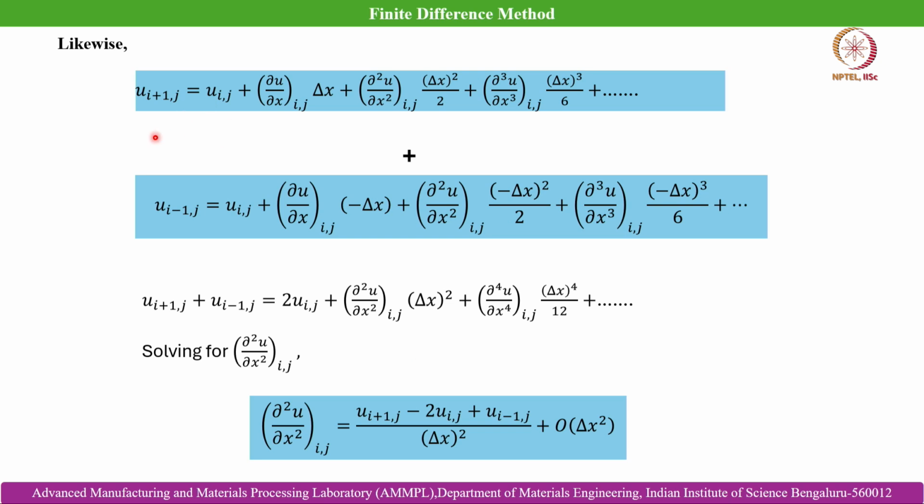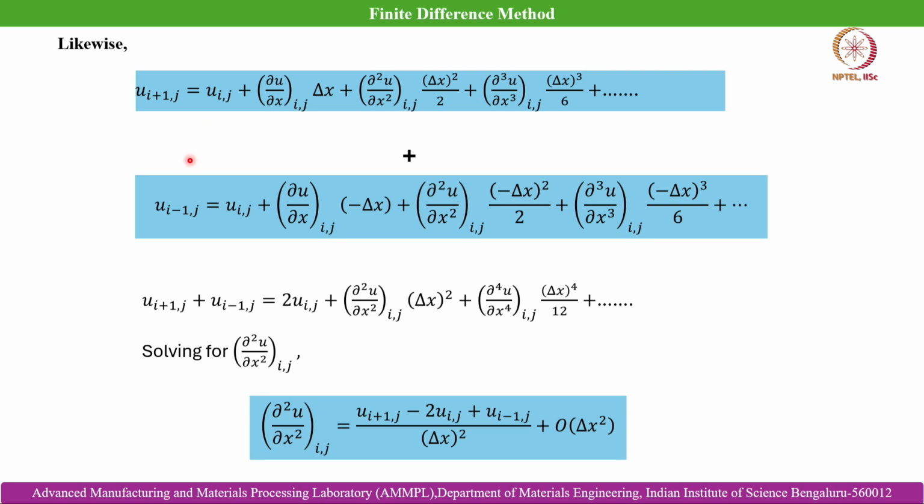So, likewise we can also estimate the value for the second derivative, that is del 2 u del x 2. So, how we can do that? Again, as we told earlier, this is the expression, for your ease it is written again over here. So, the expression for u i plus 1 j that we have discussed before, and the expression for u i minus 1 j.